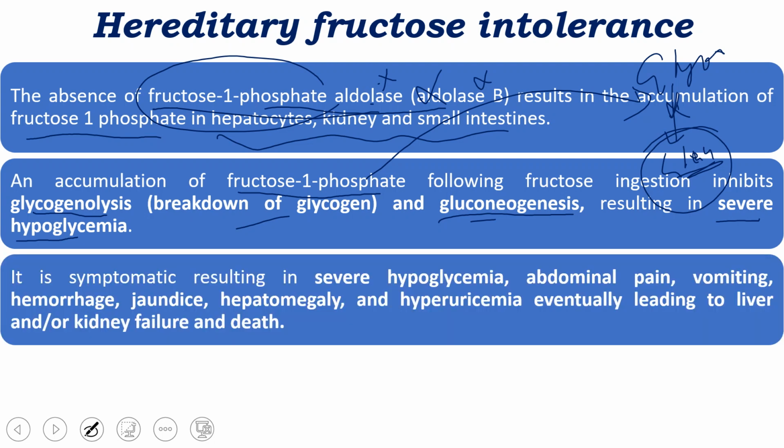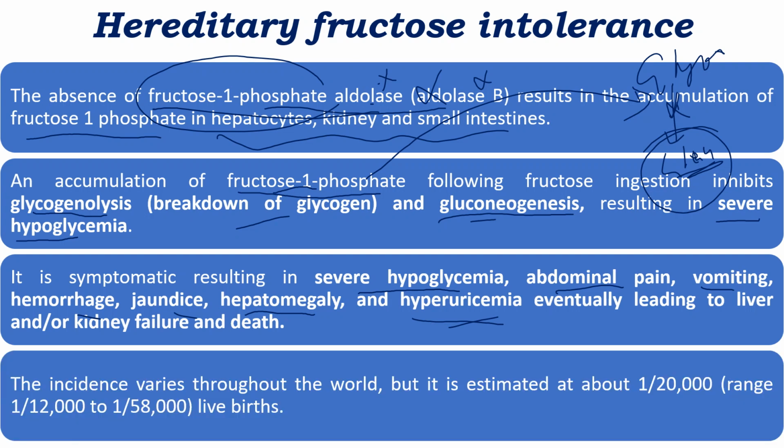The major signs and symptoms of hereditary fructose intolerance are severe hypoglycemia, abdominal pain, vomiting, hemorrhage, jaundice, and because all this process occurs in the liver, there we will have accumulation of fructose 1-phosphate, so hepatomegaly may result, and hyperuricemia. This may ultimately affect the liver, and kidney failure may occur. The prevalence of this one is roughly 1 per 20,000 to 58,000.